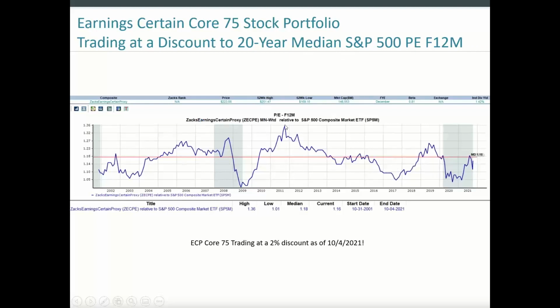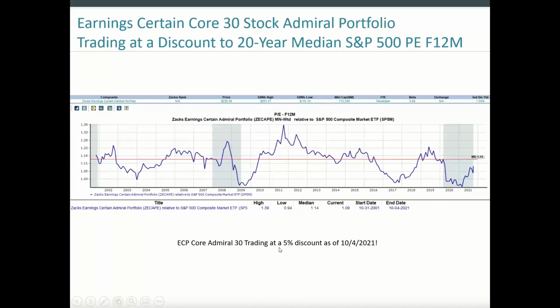So you can see right here, I've got the 20-year price and earnings chart on the screen, and the median is 1.18. So the median calls for an 18% premium. That's what that means. When you see a median of 1.18 on the ECP versus the S&P, that's an 18% premium. We're only trading at a 16% premium. The low is a 1% premium. So we're within that range. It's literally a 2% discount on the core 75, okay?